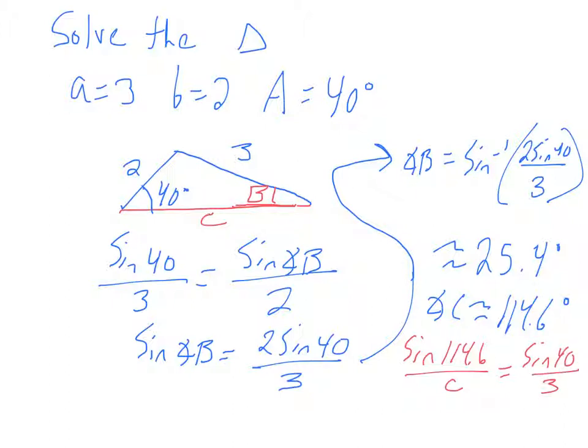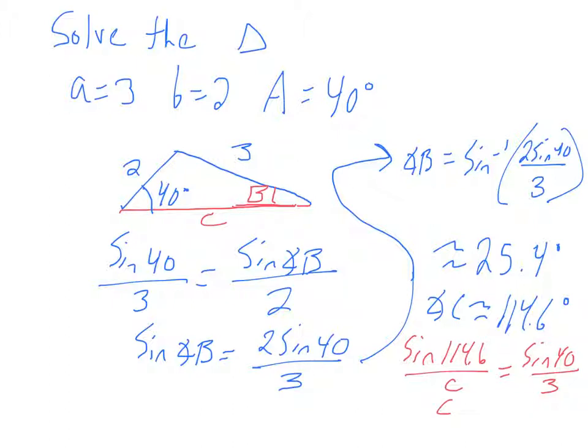I always like to use the angle that I know exactly, so in this case, use sine 40 over 3. Don't use sine 25.4 over 2, because this is rounded, and if you're taking sine of a rounded number, there's an error here, and you're going to get an even bigger error when you take sine of that. So use the exact values when at all possible.